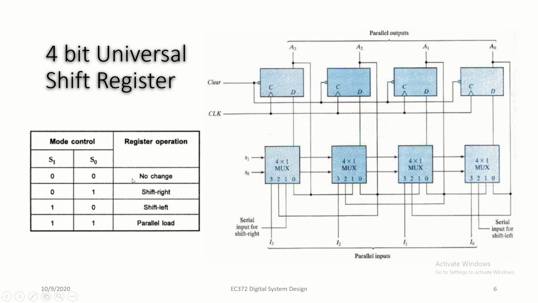When we have 00, there is no change in the register operation, that means it would hold. When we have 01, it would perform the shift right operation. When it is 10, it will perform the shift left operation, and when it is 11, it will perform the parallel load.